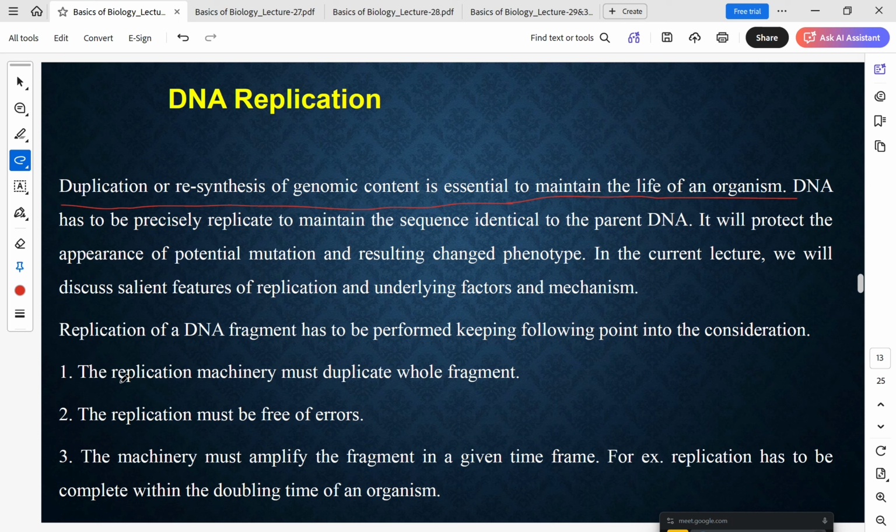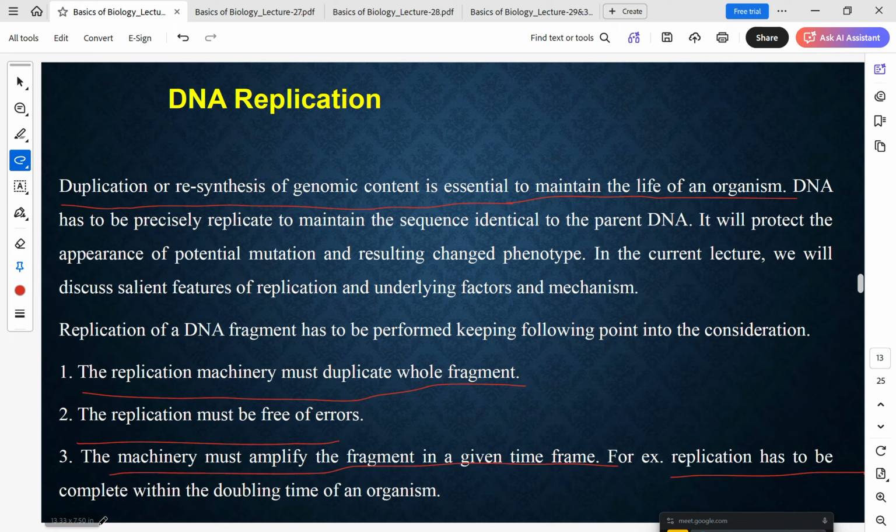So there are some points that need to be considered while we look at replication of a DNA fragment. The replication machinery must duplicate the whole fragment. It shouldn't duplicate parts of it. It must be free of errors, or as free of errors as it can be. It must amplify the fragment in a given time.